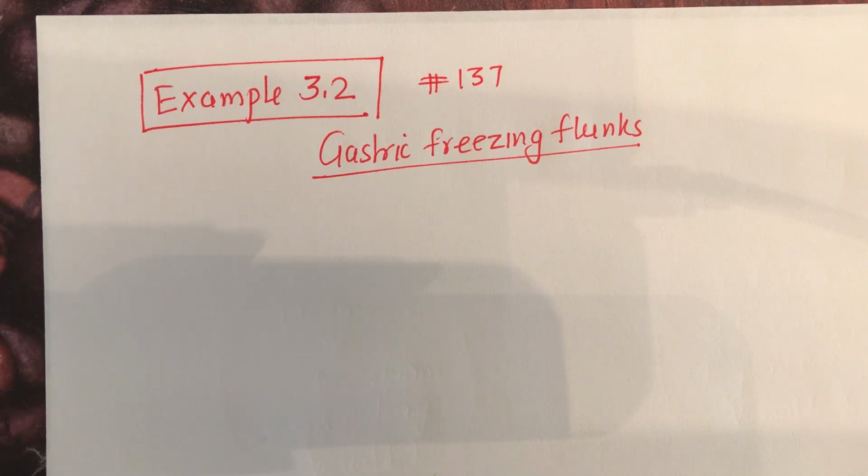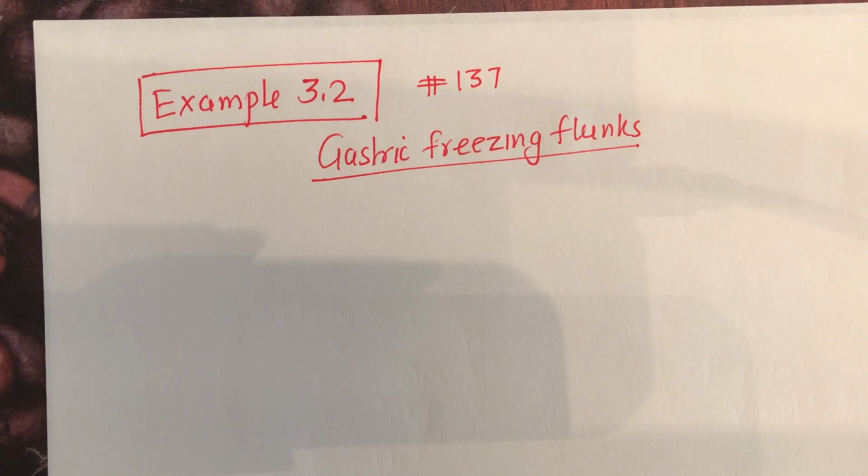So that was about gastric freezing, but here we're going to learn a few things, like how we can relate it to an experiment, and we're going to learn about clinical trials and the placebo effect. So let's start.